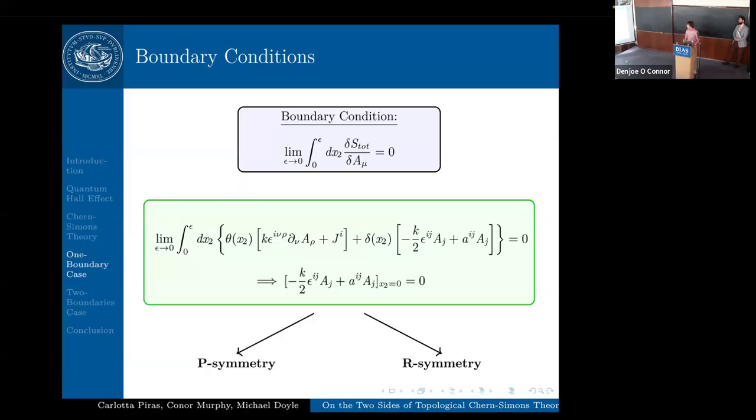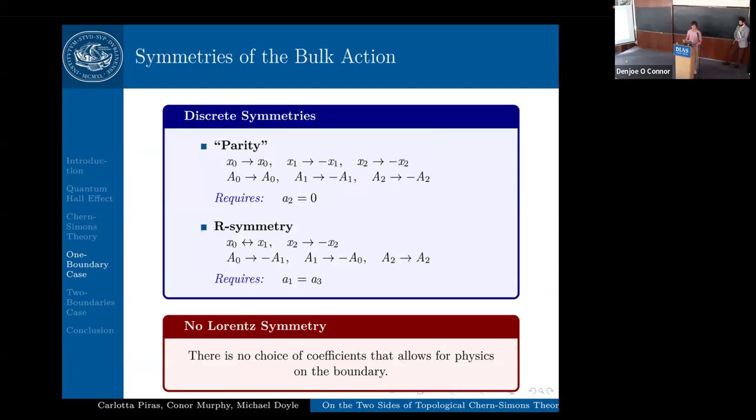And we will see that the only surviving term on the left-hand side will be the term which multiplies the delta function. So we just get that this term is evaluated at x2 equal to 0 and is equal to 0.